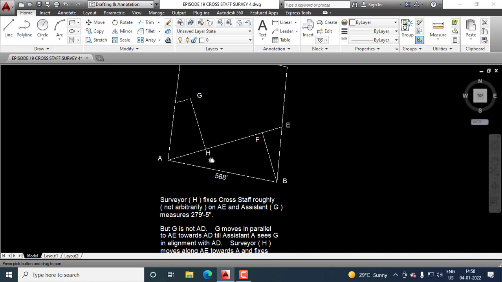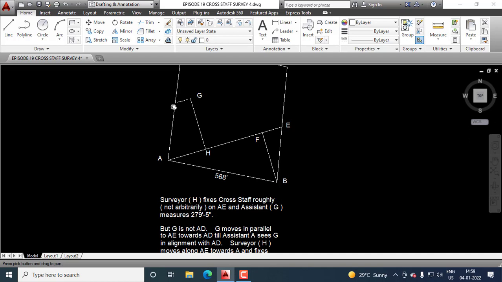Surveyor H fixes the cross staff here roughly on AE, and assistant G moves and measures 279 feet 5 inches, this offset, but G is not on AD.